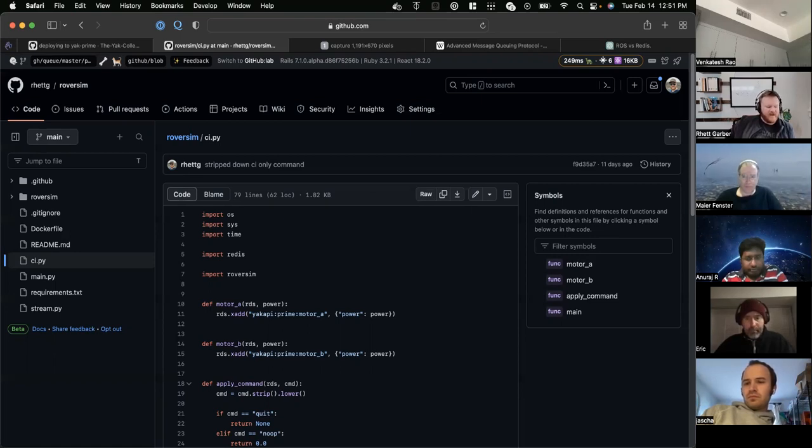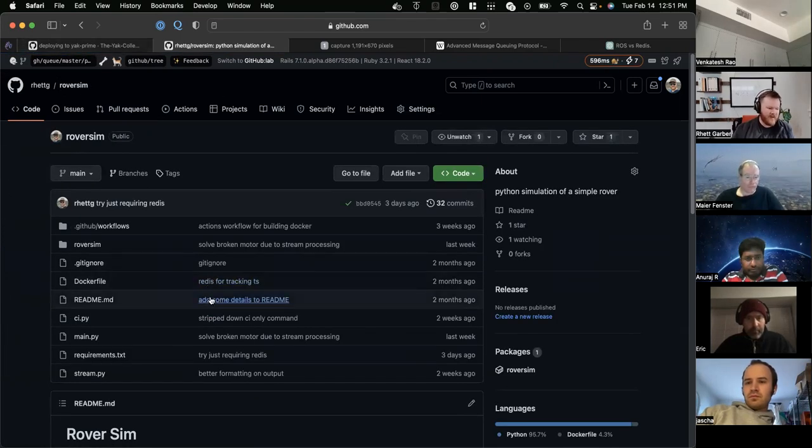I think I can set this up to be exactly like the Yak API thing, where you write code in this repository, and when you merge it in, it automatically deploys and runs on the rover. It's just a little bit slow to do that, if that makes sense.